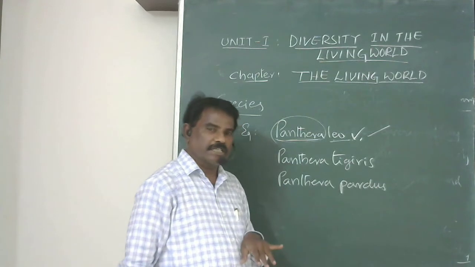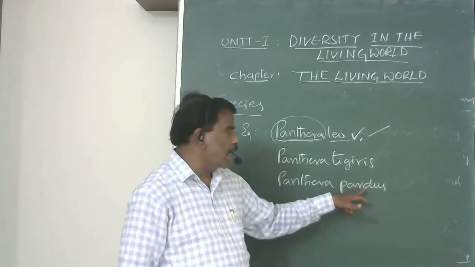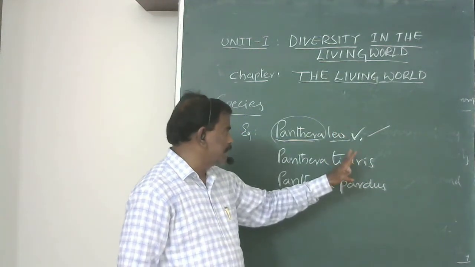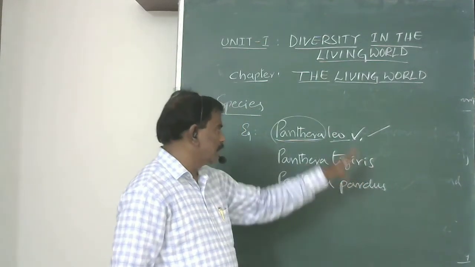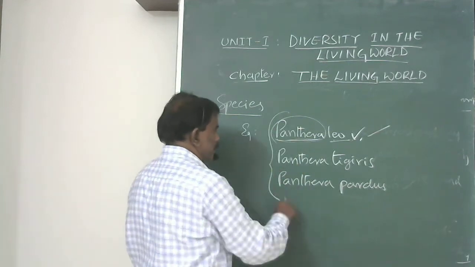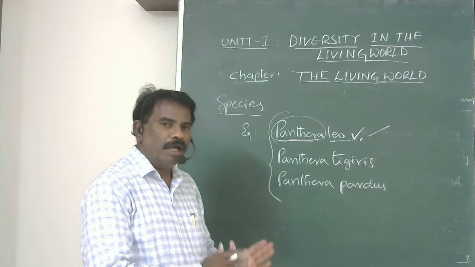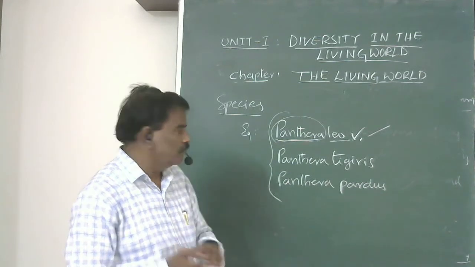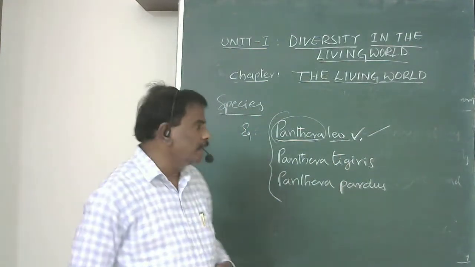All tigers are similar. And Panthera pardus is the leopard. So all these, leo, tigris, pardus, are kept in the genus Panthera. So a genus may have one or more than one species, and all the species present in the genus closely resemble each other.